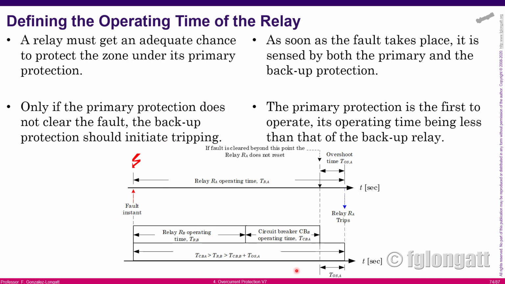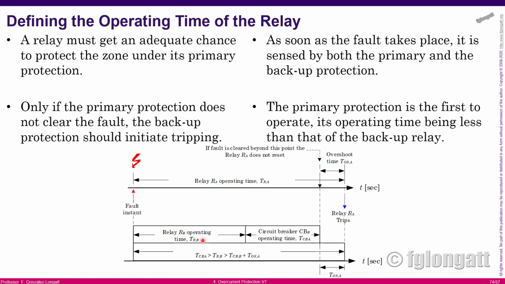Let's see the following. If you look over here, what we have at the very beginning is the moment that the fault is inserted inside the power system. At that moment, the overcurrent starts to happen, and both relays will notice the short circuit. But one of them must take action first, and that is relay B. Relay B must take action because it's the primary protection.